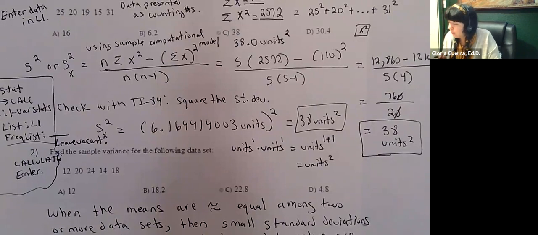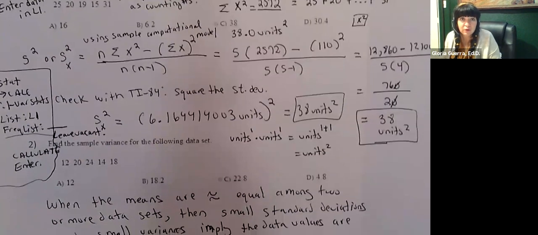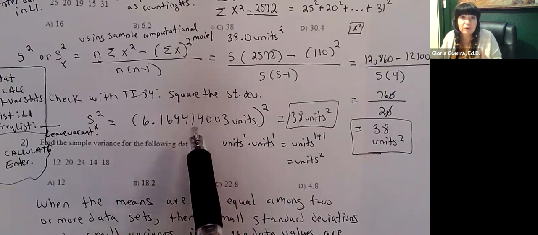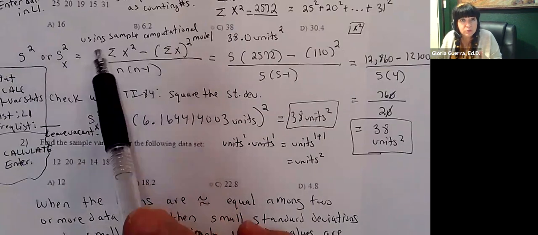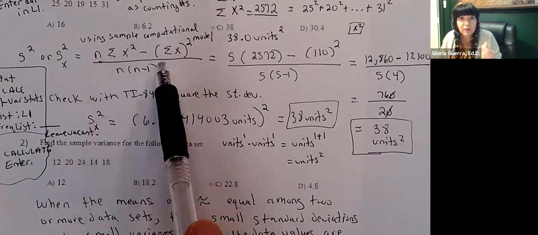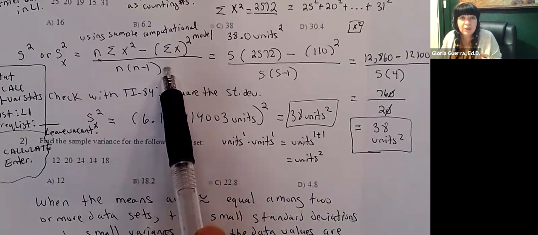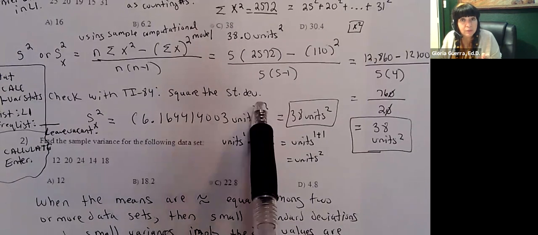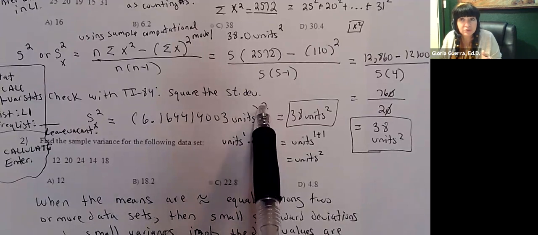To get the variance, you have two ways. You use this computational formula, which is old school and takes longer. The quick way to get the variance is to take your S of X from the calculator and square it. That's the fastest way to do it.